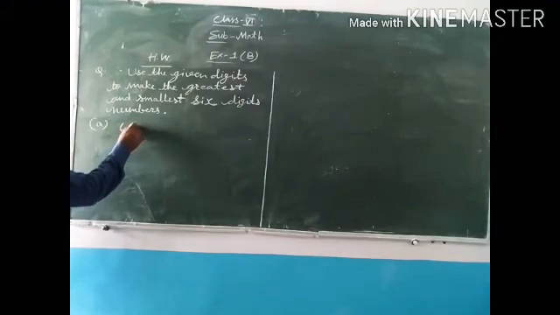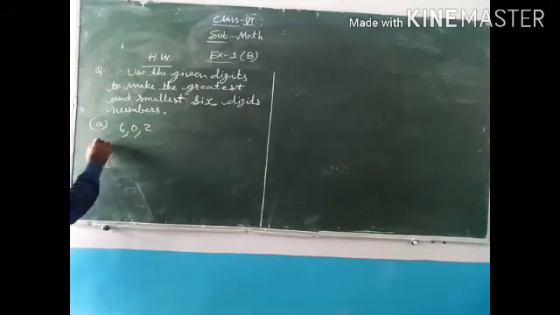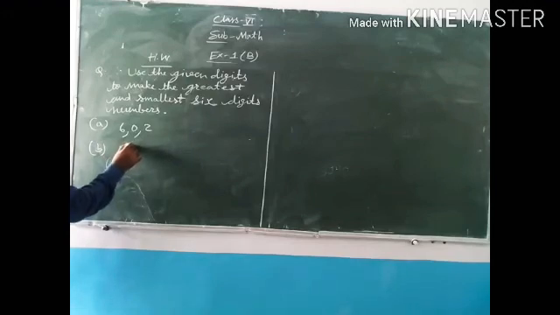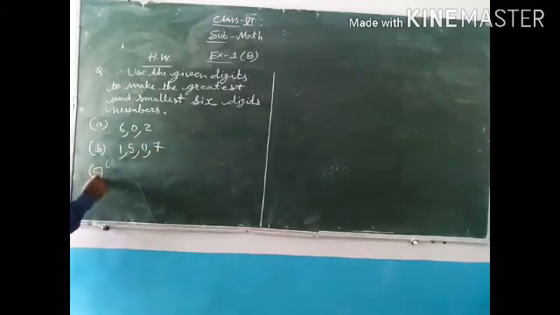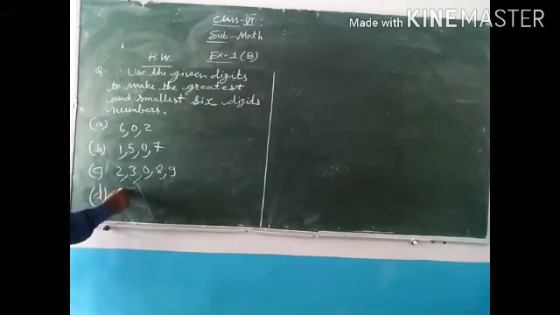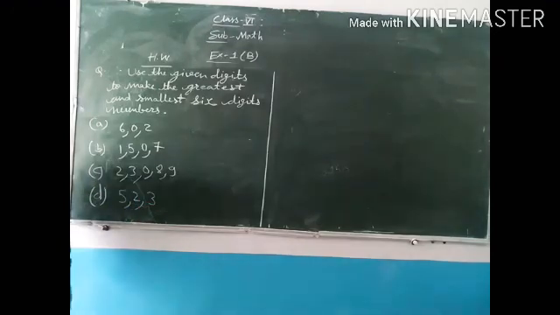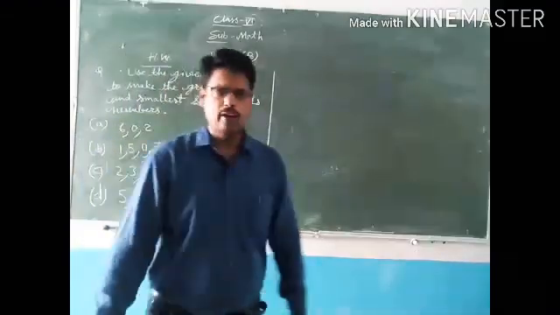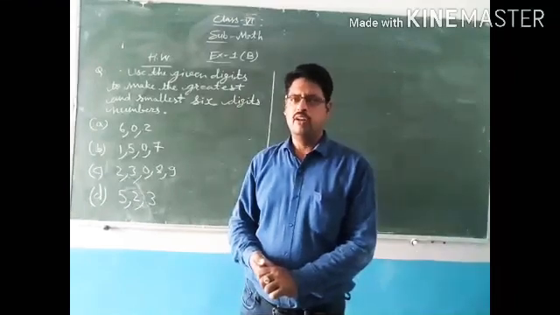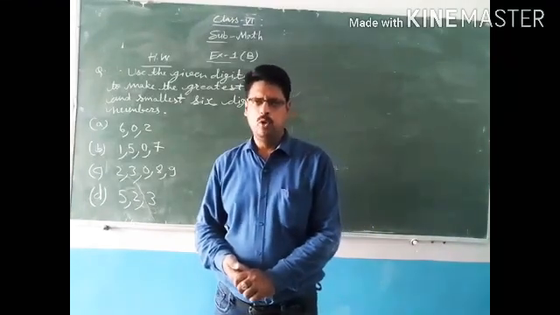So 6, 0, 2, 1, 5, 0, 7, 2, 3, 0, 8, 9, and 5, 2, 3. Okay, by using these digits, you will have to make greatest and smallest 6-digit numbers. Okay, I hope you understood nicely.